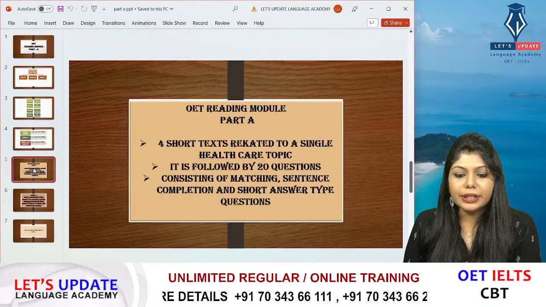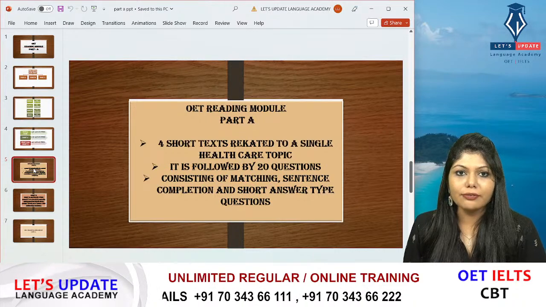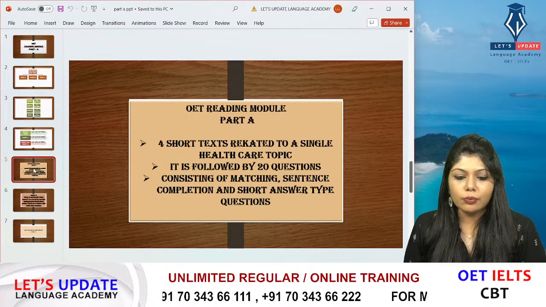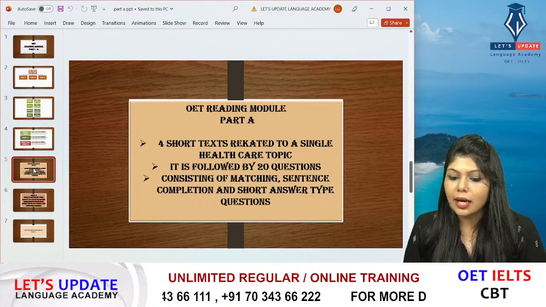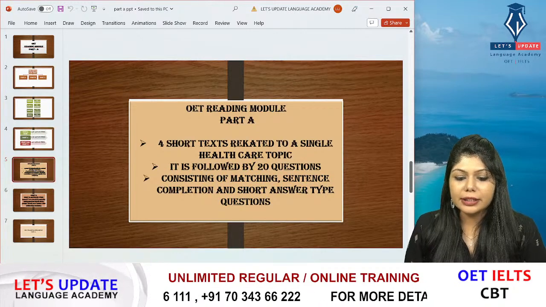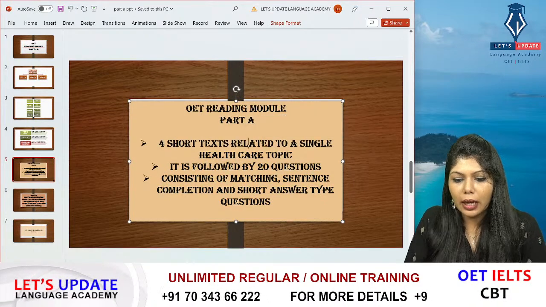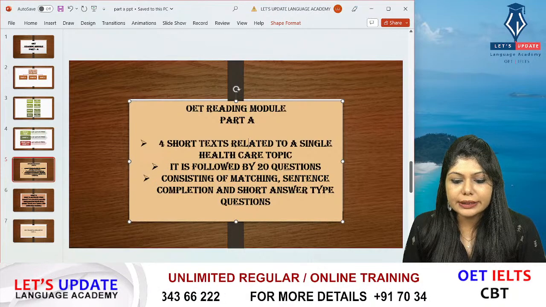Now regarding the part A section of the OET reading subtest, part A will usually consist of 4 short texts related to a single healthcare topic, followed by 20 questions.